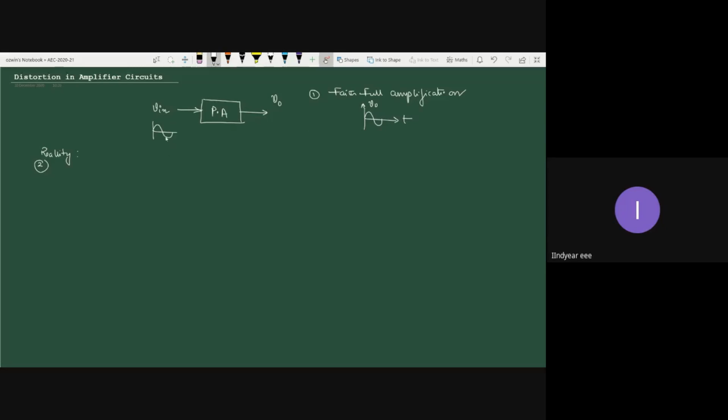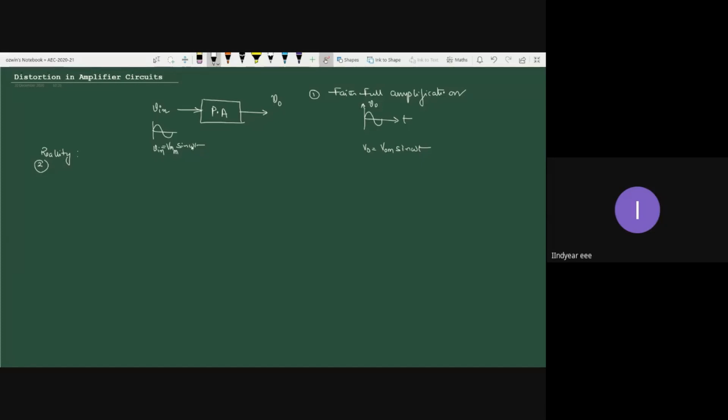Let's say the input is sin omega t, so V in is equal to Vm sin omega t. Your output V naught is equal to some V naught m sin omega t.